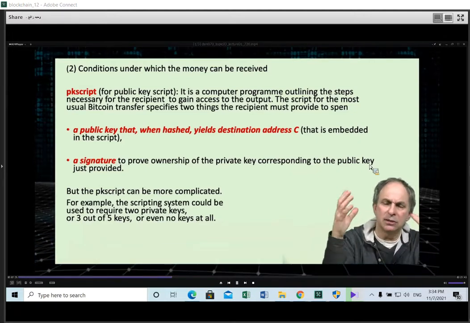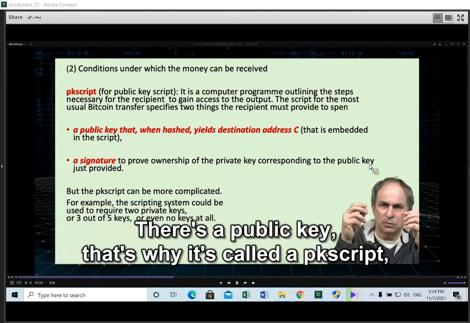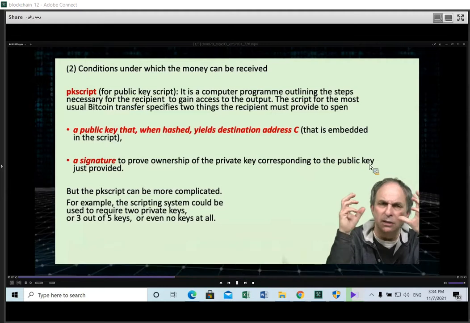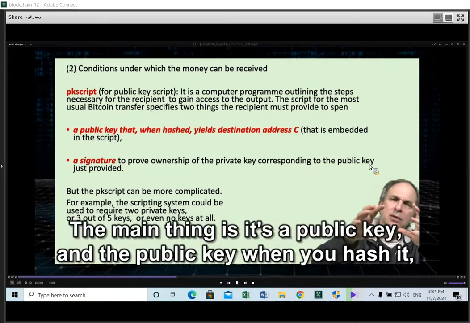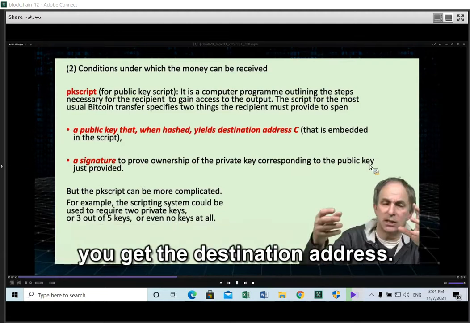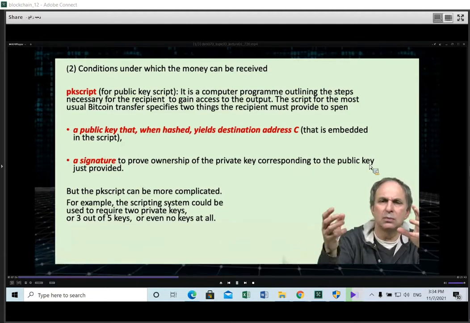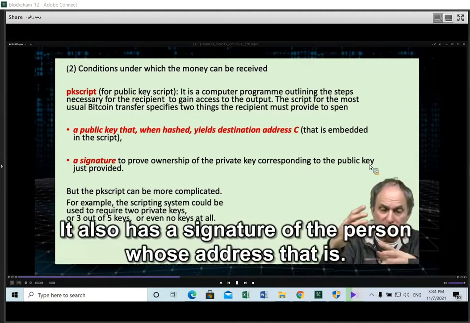There's two things around that. There's a public key. That's why it's called a PK script, or script pub key. The main thing is it's a public key, and when you hash the public key, you get the destination address. And it also has a signature of the person whose address that is.